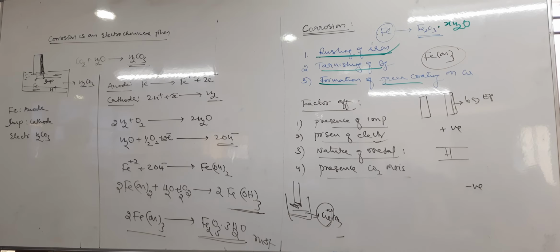Next point, iron being a more electropositive metal undergoes oxidation and acts as anode, comma, impurity acts as what?